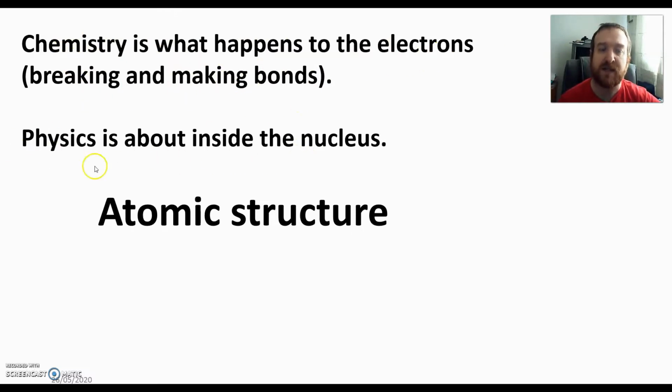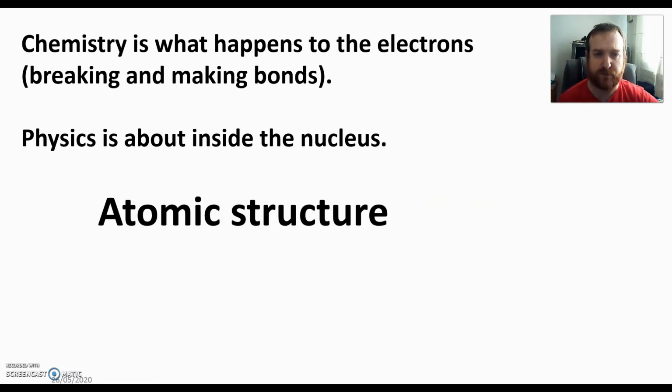The physics is a little bit more focused on what's happening inside the atom. Not entirely, but that's where the focus will lie, what's happening inside the nucleus. And in this atomic structure unit, where we're going to be learning about radiation and radioactivity, we need a grasp on how we got to the picture we've arrived at, okay, to help us understand what's going on.